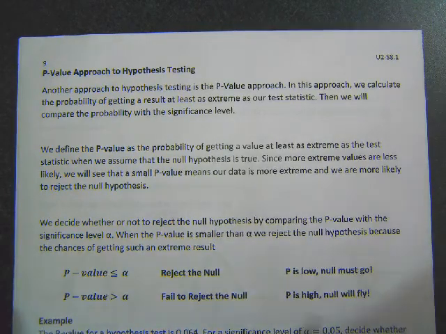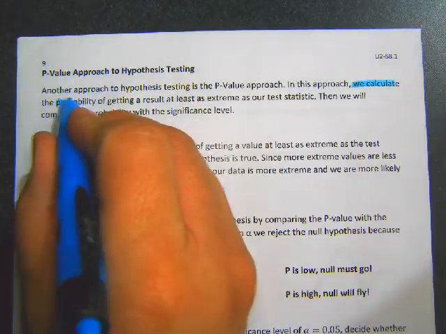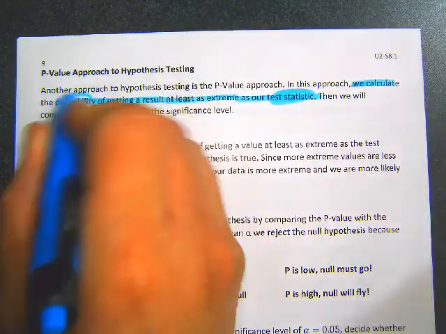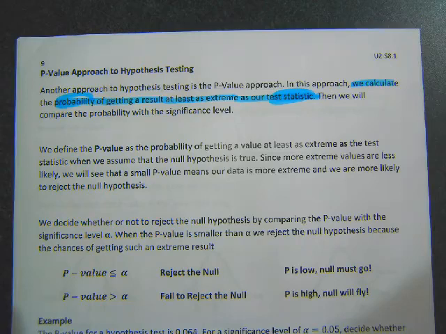So in the p-value approach, we calculate the probability of getting a result at least as extreme as our test statistic. We say at least because you could get a number even more extreme than your test statistic, and that wouldn't change our results.